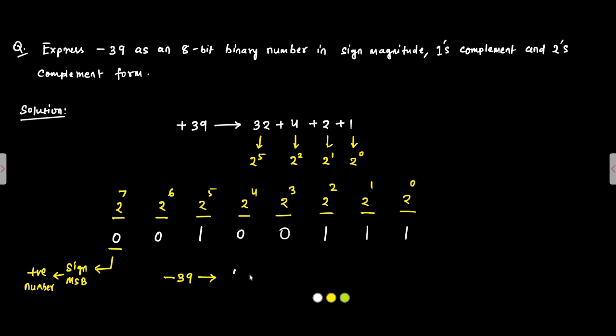So 1, 0, 1, 0, 0, 1, 1, 1. This is minus 39 in sign magnitude form, and this is plus 39 in sign magnitude form. So the first one is the sign magnitude method.